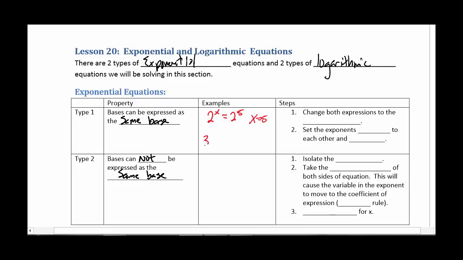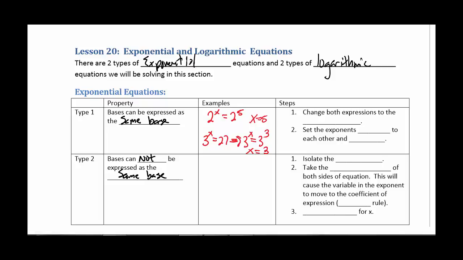Or we might see something like this, where 3 to the x equals 27. And you're thinking, well, what does that have to do with anything? Well, I can rewrite 27 as 3 cubed. So I can re-express this as 3 to the x equals 3 cubed, in which case x is clearly 3.